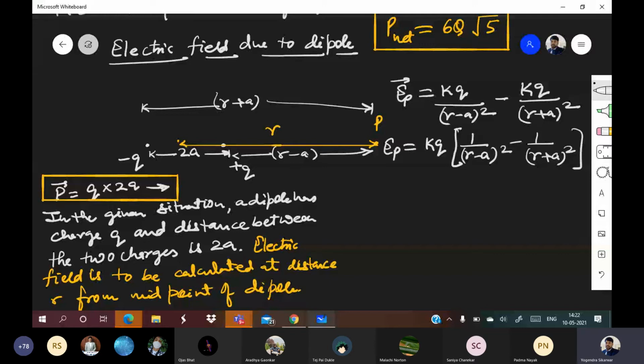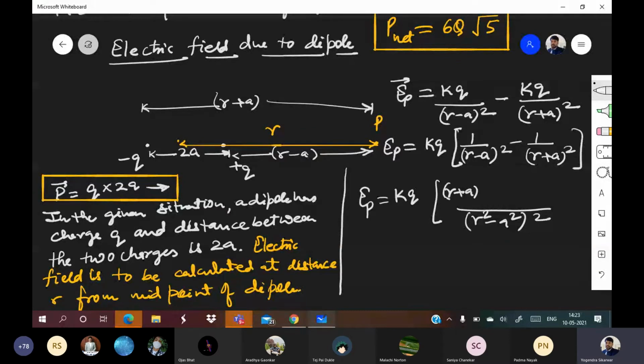Okay, so that comes out to be EP is equal to KQ, and in the denominator it will be (r square minus a square) whole square. We have taken LCM. So this is (r plus a) whole square minus (r minus a) whole square. All right.